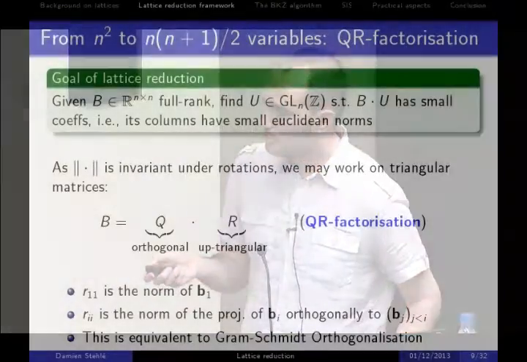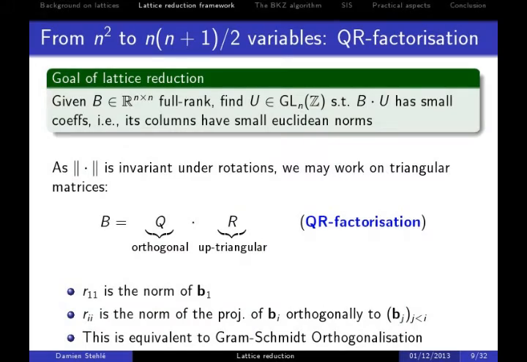Okay, so a few things related to R. R11 is the norm of B1, because I have aligned B1 along the x-axis. And Rii, the i-th coefficient on the diagonal of R, these coefficients are very important for what follows.